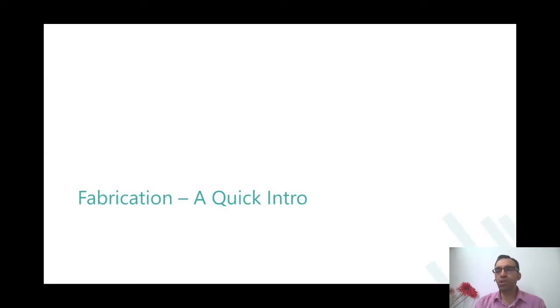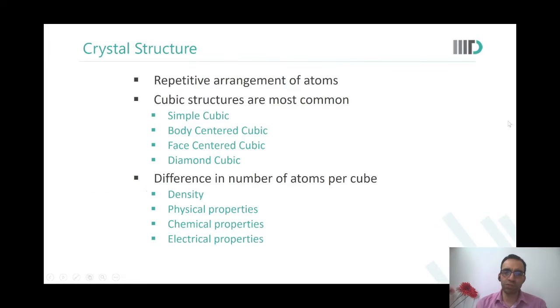The most common crystalline structure that we know of is simple cubic. It is a repetitive arrangement of atoms, and there are different kinds: simple cubic, body centered, face centered. As you change the type of crystal structure, features like density, physical properties, chemical properties, and even electrical properties of materials change.